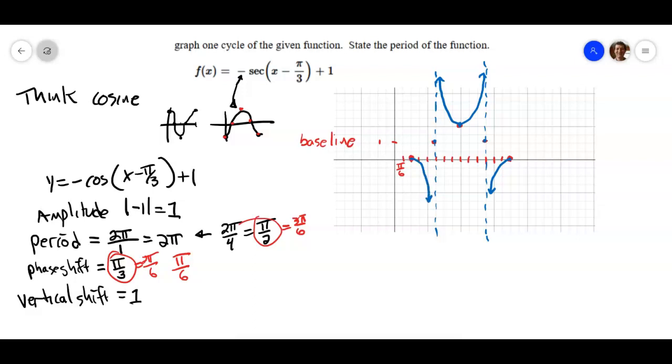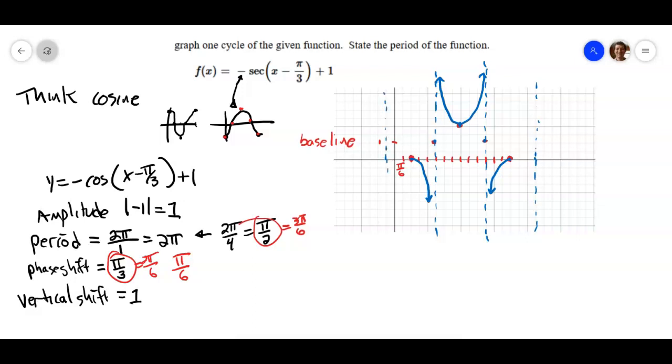This represents one cycle of the secant wave. It is kind of awkward not having the other side of these little pieces, but that's one cycle. The pattern in between these tick marks, 1, 2, 3, 4, 5, 6, you can continue to create more and more asymptotes, as many as you want.